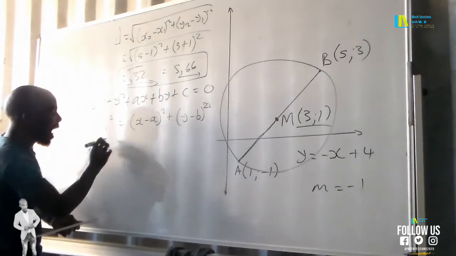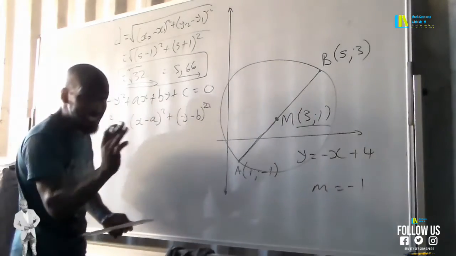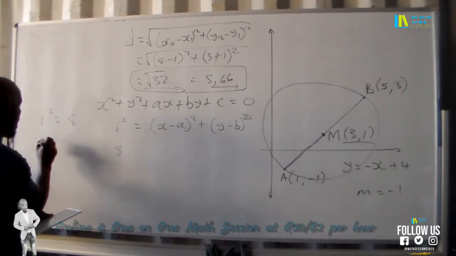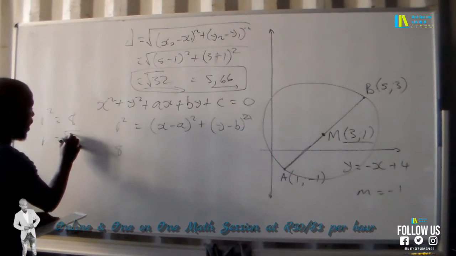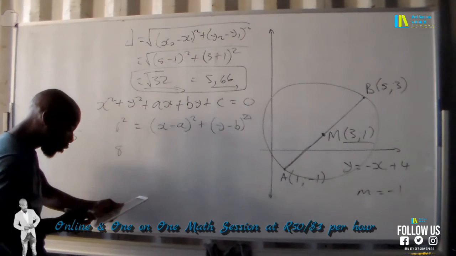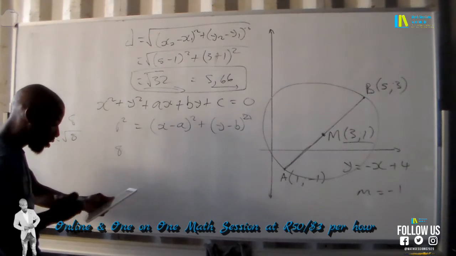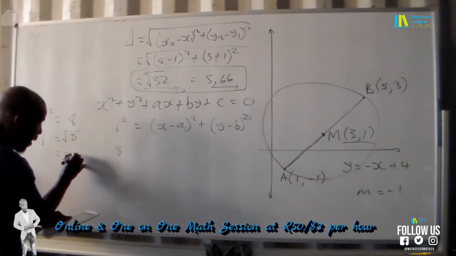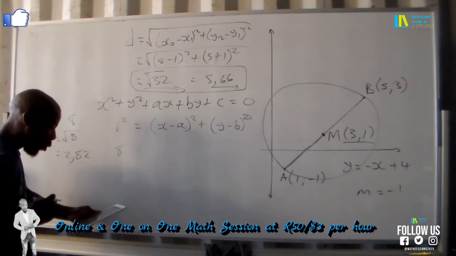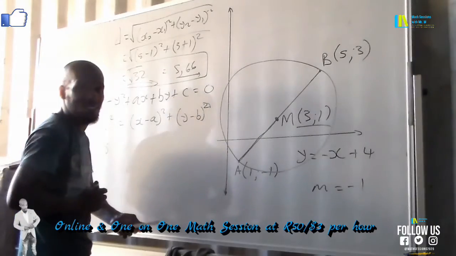So basically r squared is 8, because when you take r squared is equal to 8, and you take r as the square root of 8, you press this one and prove it, you are going to get 2,82. If you multiply it by 2, you are going to get that 5,66.